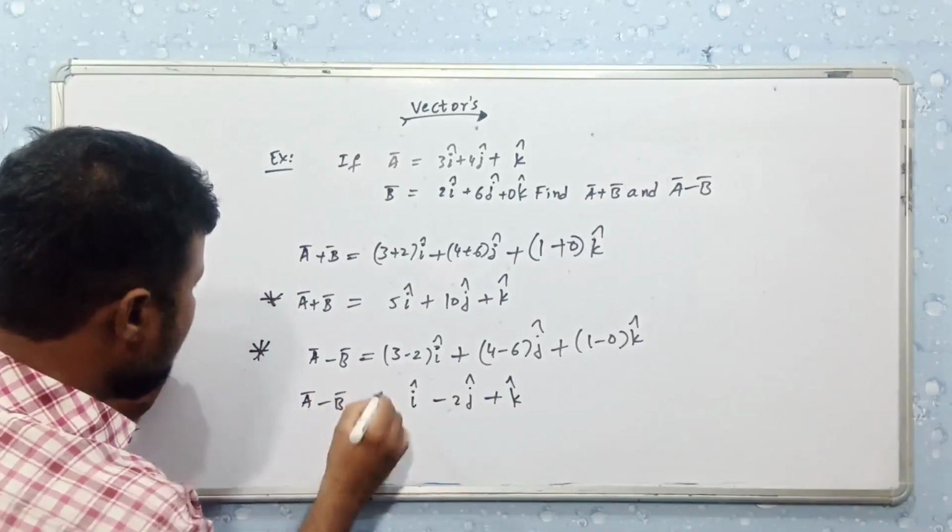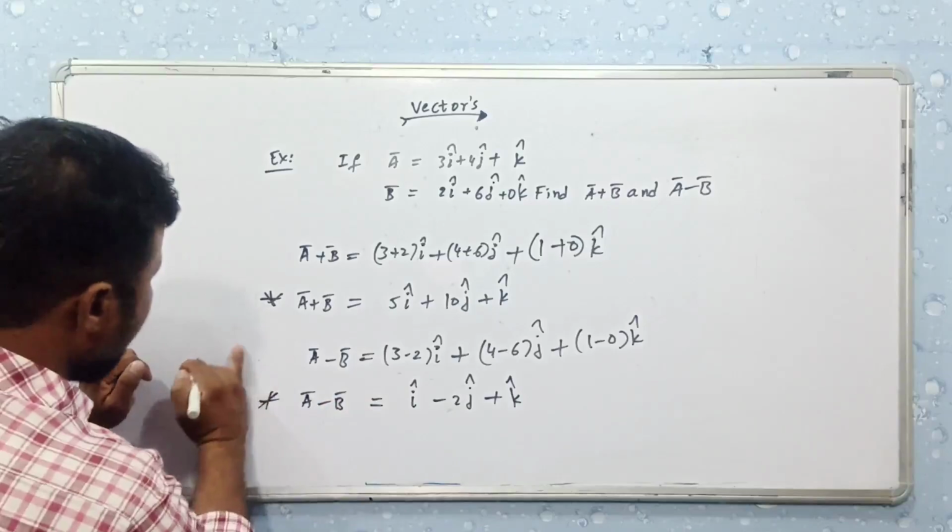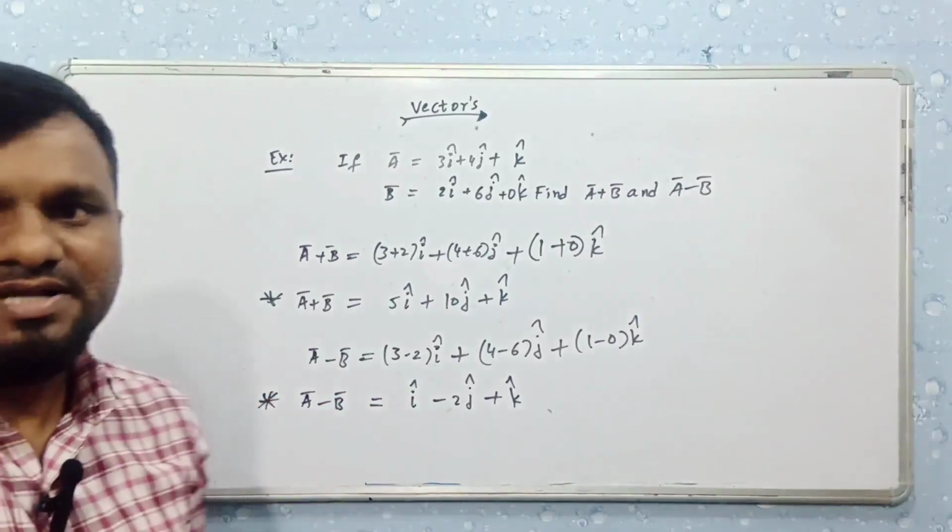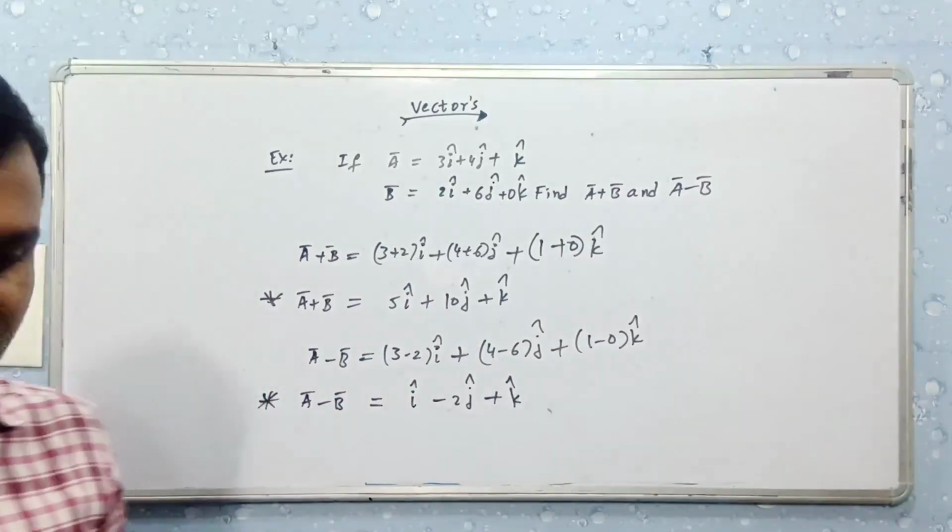This is A bar minus B bar, the subtraction of two vectors.